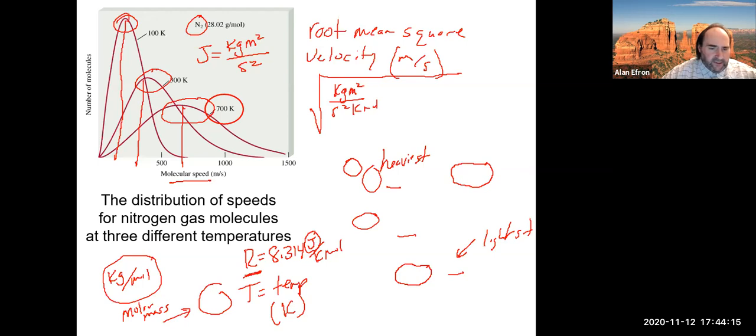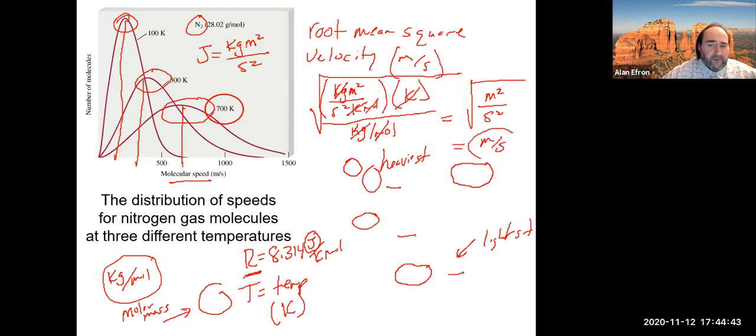Again, that is a joule, and that's from R. Our temperature would be in Kelvin, and our molar mass is why we want it in kilograms per mole. That way, the kilograms will cancel, the moles will cancel, the Kelvin will cancel, and what we're left with is the square root of meters squared over second squared, so that when you're all said and done, you end up with units of meters per second.